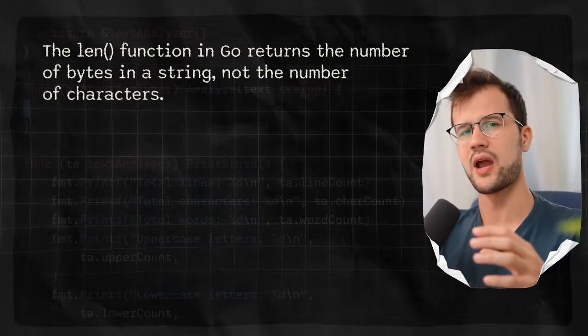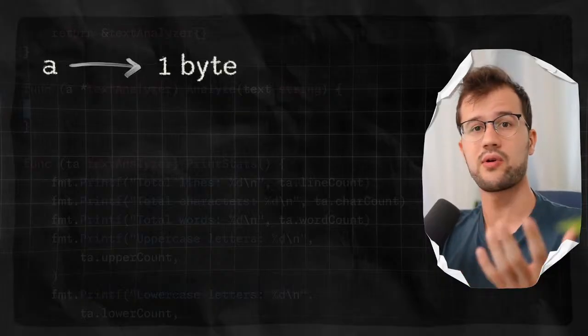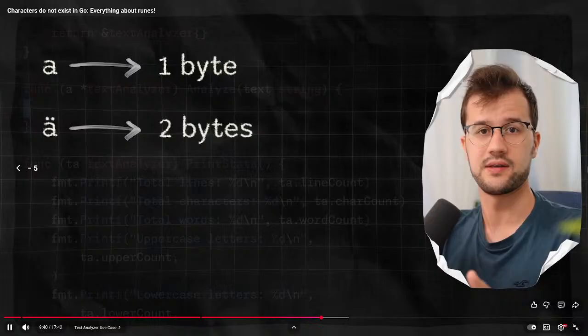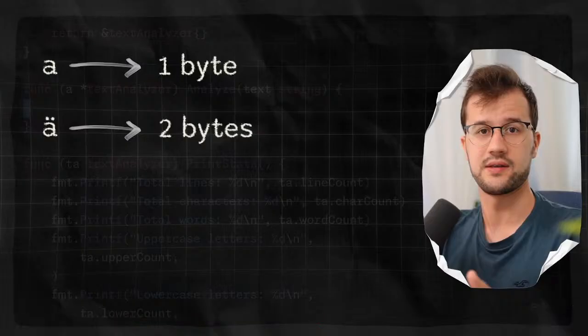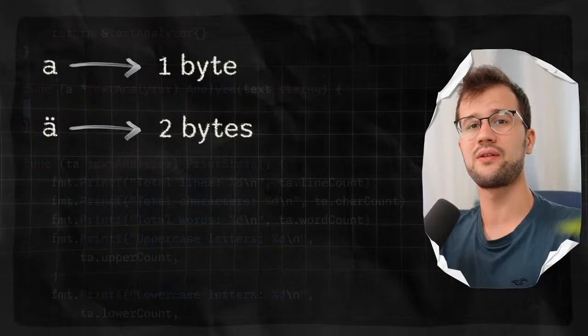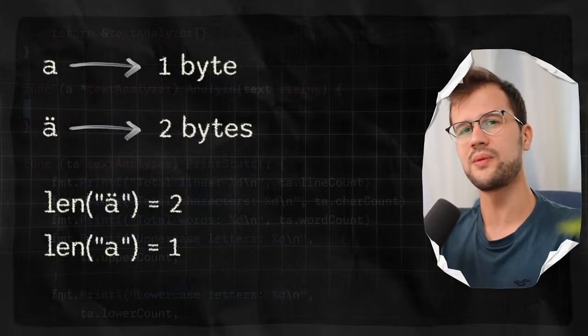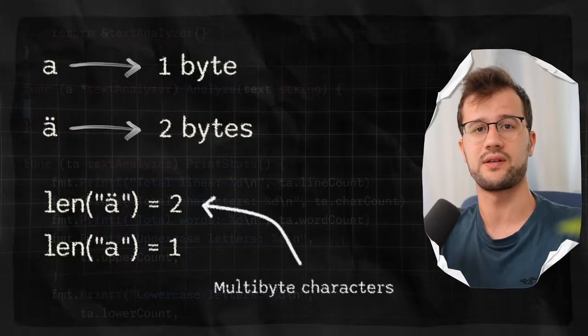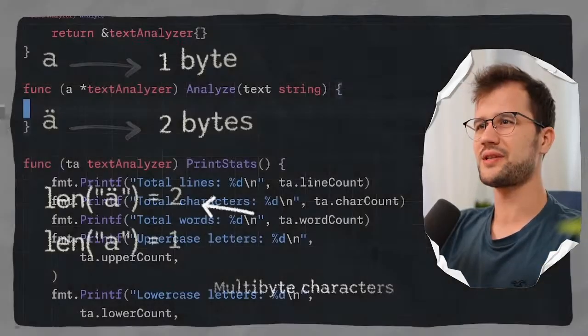So for instance, a character like A takes 1 byte, whereas an emoji, for instance, takes 4 bytes in UTF-8. And this function len gives us an inaccurate length when it comes to this Unicode text, right? And this is really important to understand, especially when you have to deal with multi-byte characters, for instance like emojis.